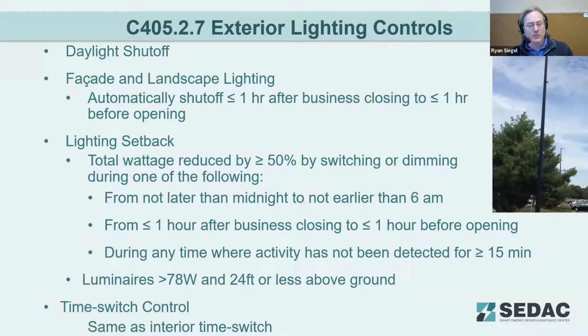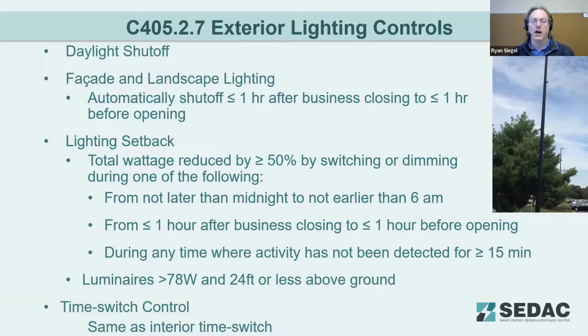So for general lighting, got our daylight shutoff, and then if it's facade and landscape lighting, we need to turn those off within 1 hour of the business closing and not turning them back on until within 1 hour of the business opening. So those are going to have to be turned off.